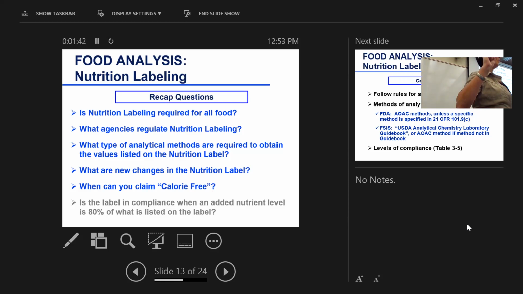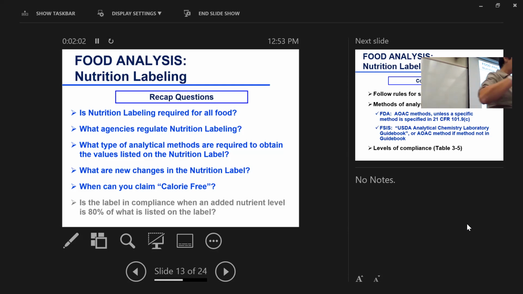These are methods verified by official organizations, like AOAC, AOCS, AACCI. So these are official organizations that validate methods. So they should be primary methods.